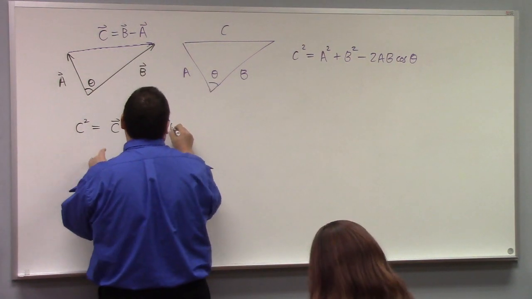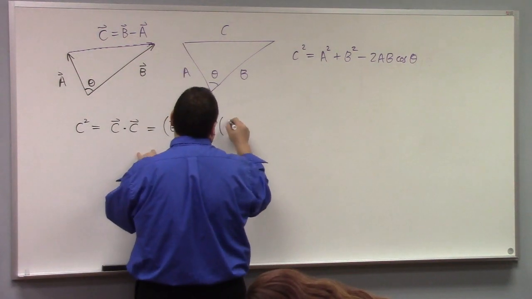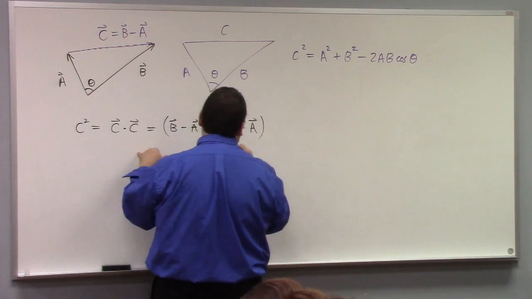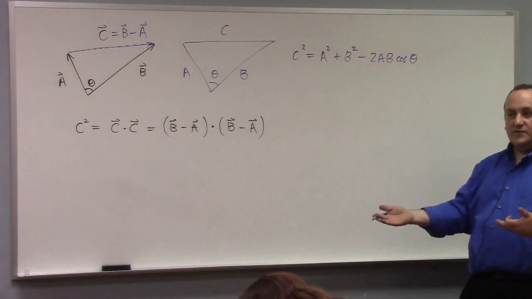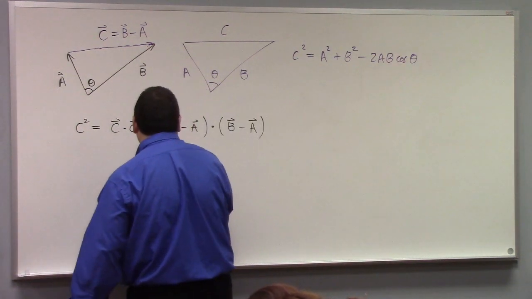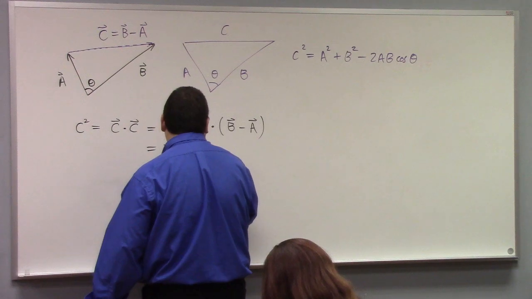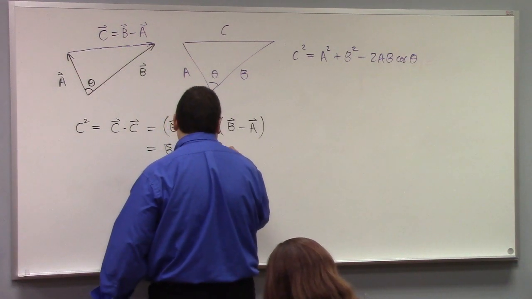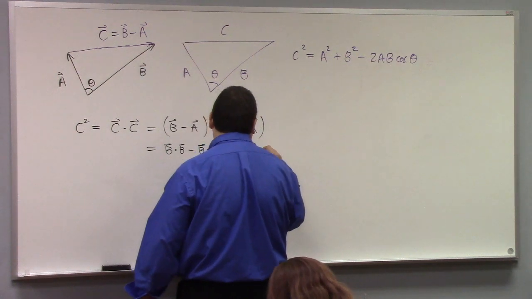But we can also look at it as B minus A dotted with B minus A, right? And then we can use properties of dot products to multiply this out, distributive property, all that jazz. So what you've got is B dot B minus B dot A minus A dot B plus A dot A.